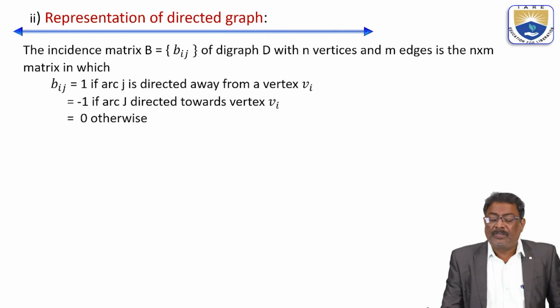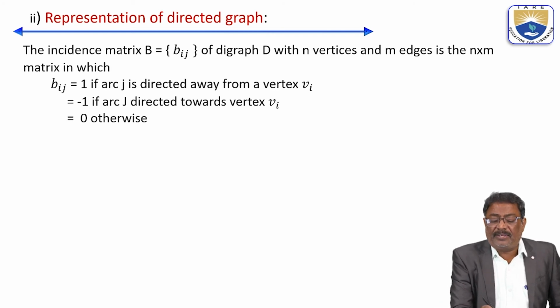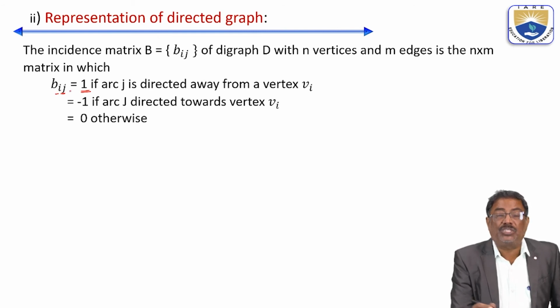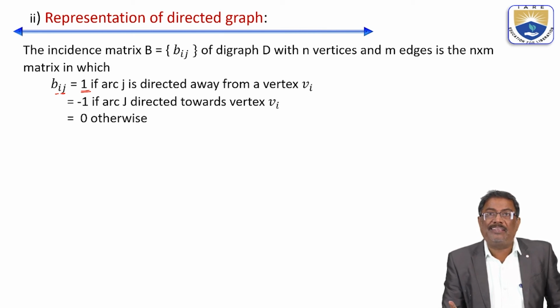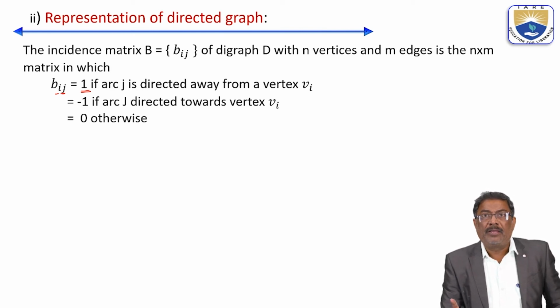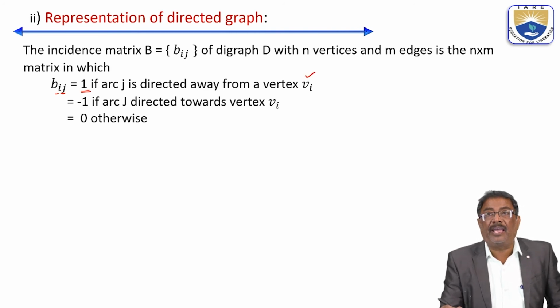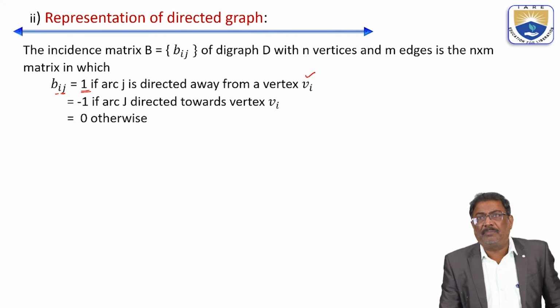In the same way, the incidence matrix has 1 in the ith row, jth position whenever there is an arc j directed away from the vertex vi. That means, in a similar way, from vertex vi there is a directed edge towards vj.